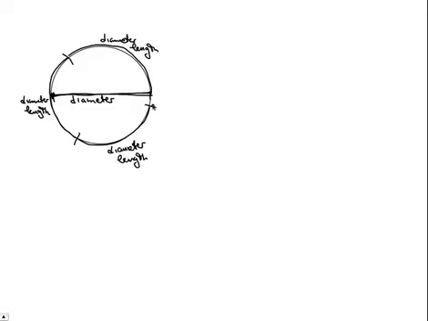There's a little gap. So the circumference of a circle is 3 and a bit lots of the diameter.